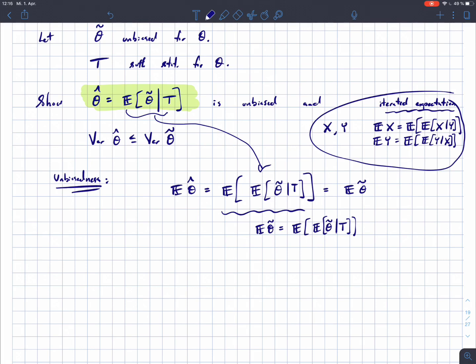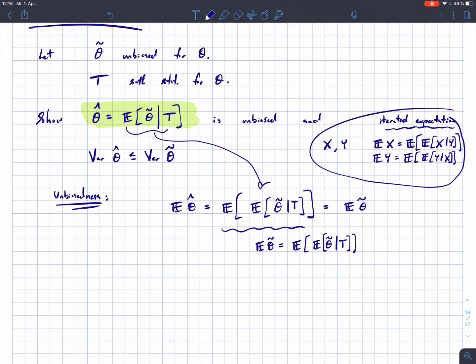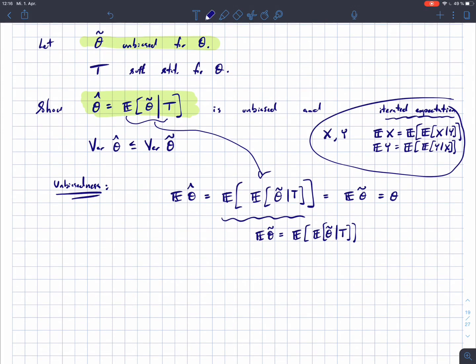And we began with an unbiased estimator. Theta tilde is unbiased, so I know its expectation is theta. So we have shown that defining an estimator in this way results in an unbiased estimator.